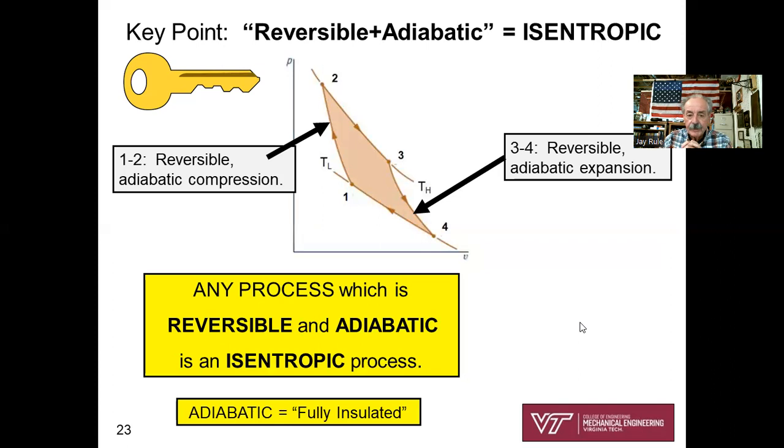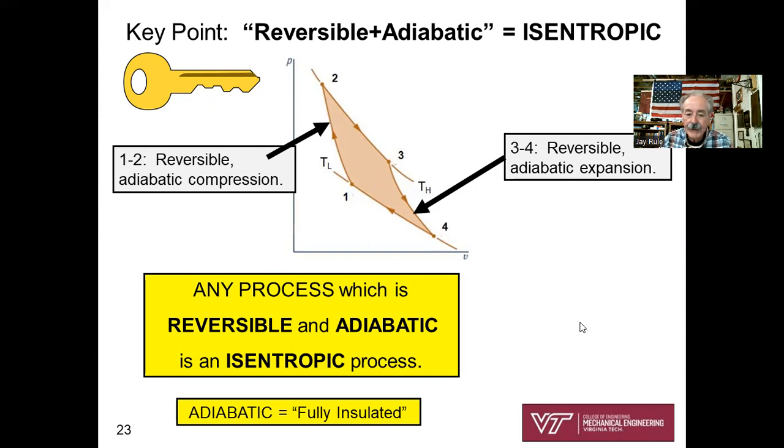Okay, this is so important that I want to devote a slide to it. This is a key point that you might not have covered enough in your class. It's a matter of synonyms. A reversible and adiabatic process is called an isentropic process. You must commit that to memory for success in quizzes and tests.